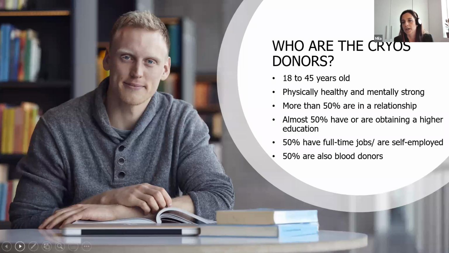On average, more or less half of them are in a relationship. Almost half of them are obtaining higher education. About half of them are employed in a full-time job or are self-employed. And about half of them also donate blood, which is very important because it shows the altruistic motivation behind the donation.